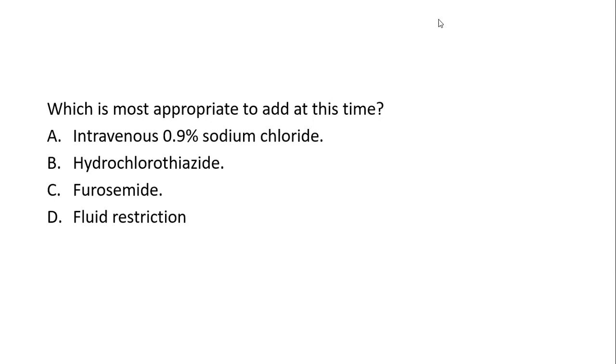Hydrochlorothiazide in acute kidney injury with a creatinine clearance of less than 30 mils is not going to have any diuretic effect, so it's going to be ineffective. Fluid restriction is not going to do anything for this patient. There's nothing like a hypervolemia-associated acute kidney injury, so there's nothing to do.